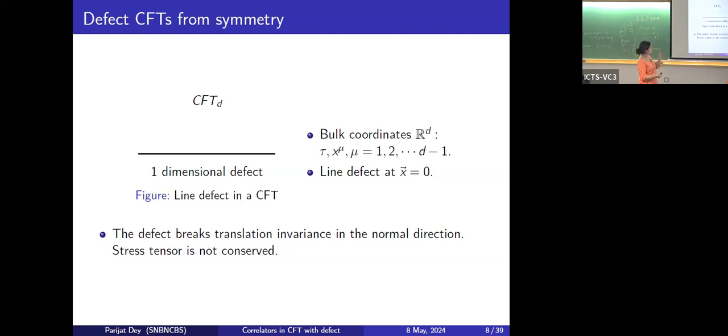So we can divide the coordinates like this, as we have done here. We have one line, so let us call the coordinate on the line tau, which goes along this direction, and the rest we call x^mu. And this line defect is located at x equals 0. Now, one important point to mention is that this defect breaks translational invariance in the normal direction. So we will not have a conserved stress tensor in the bulk.